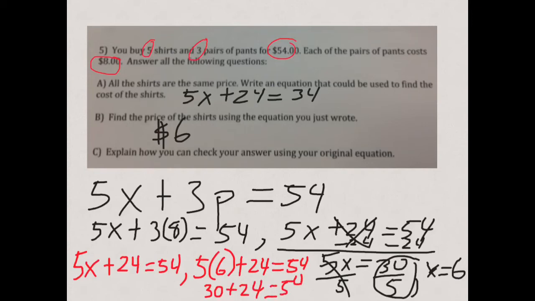And I could also write out a sentence saying that I can replace the unknown X, or the unknown price of the shirts, with what I found with my equation, which was $6. And when I plug it in and solve and complete my work, I get 5 times 6, which is 30, plus 24, that's 54. That's one way we could solve this problem.